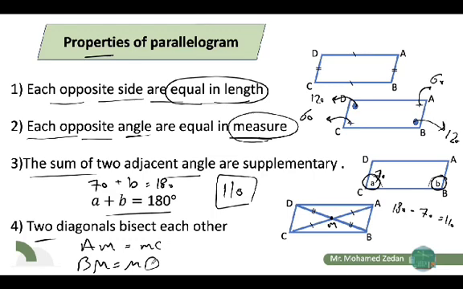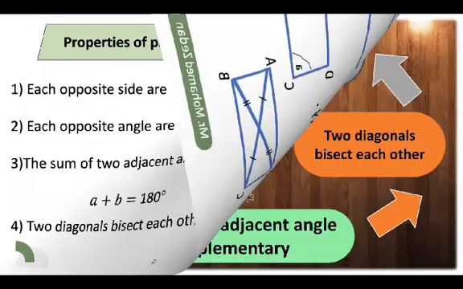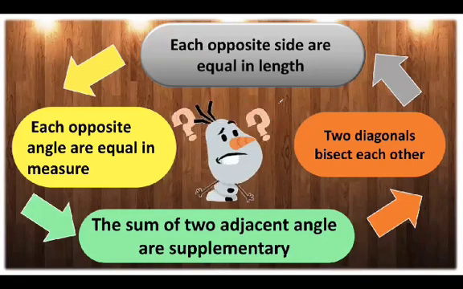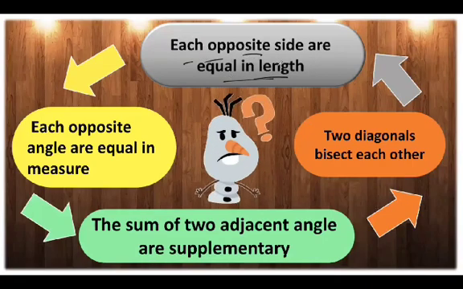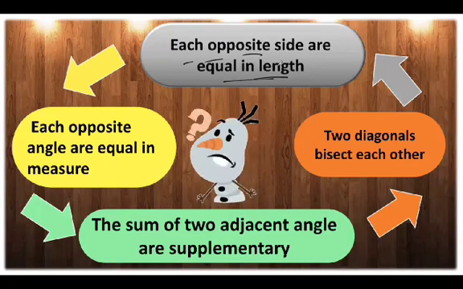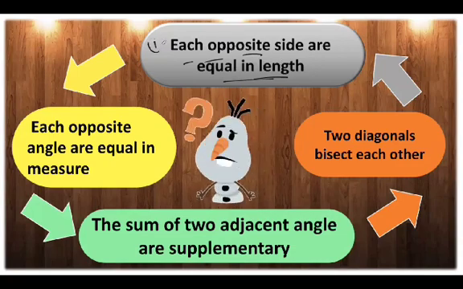Let me give you a mind map to understand all four properties. The first is that each opposite side is equal in length. That's first.